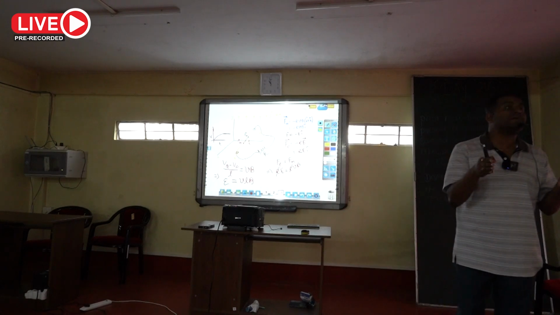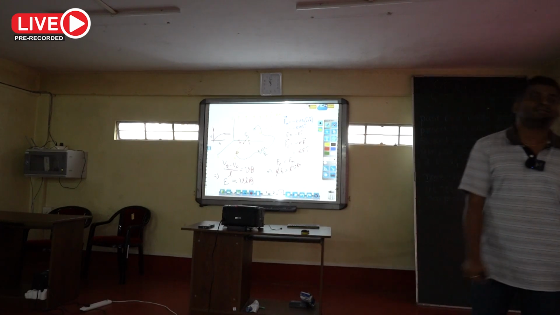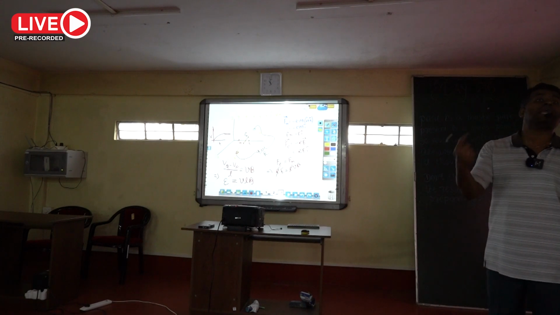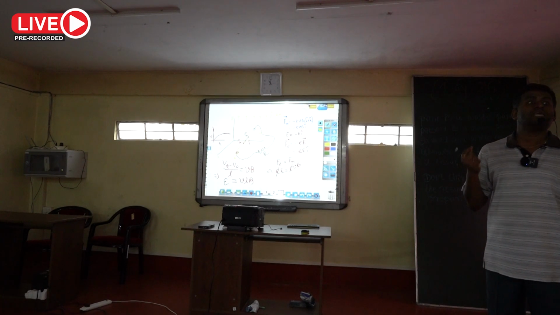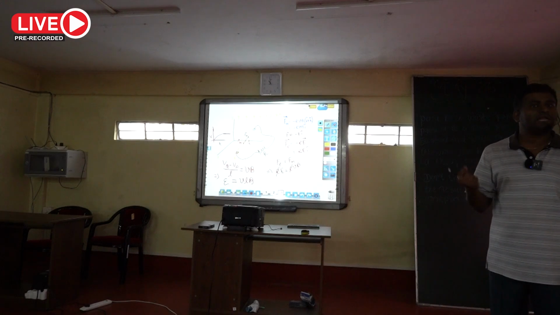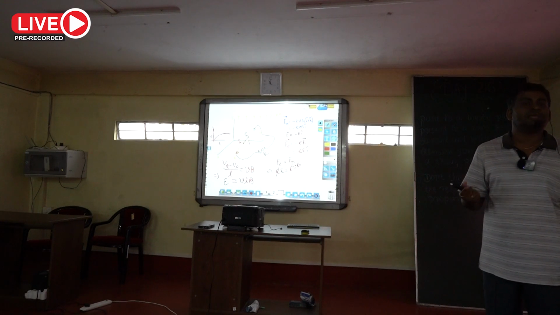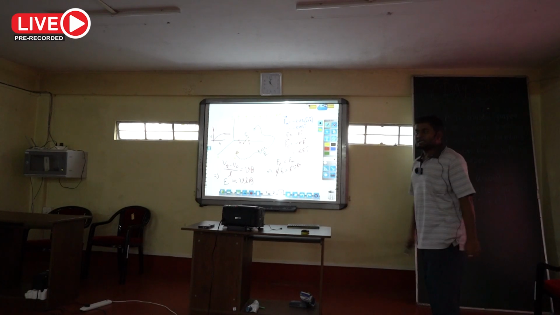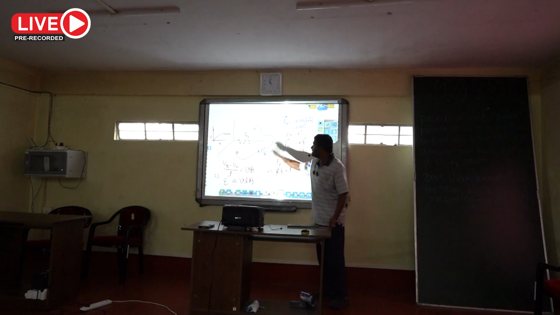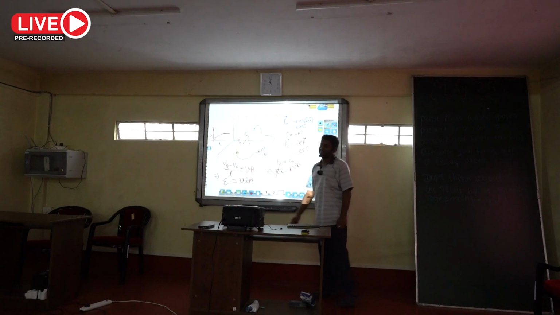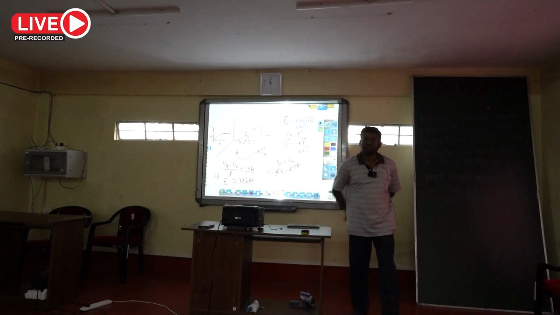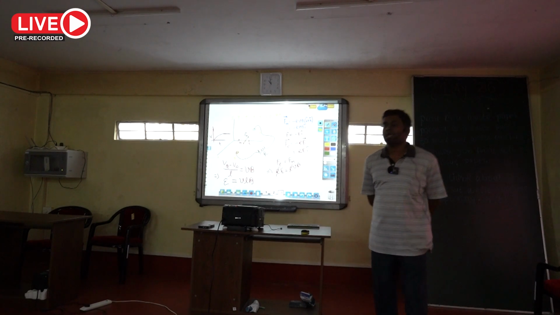So this rod is behaving like a battery or cell. A metallic rod moving in a magnetic field will behave like a cell, because across its two ends an EMF will be developed. The potential difference developed in open circuit condition is called EMF. If you join them with an external circuit having some resistance, then some current will flow.